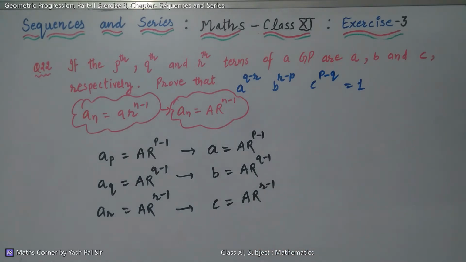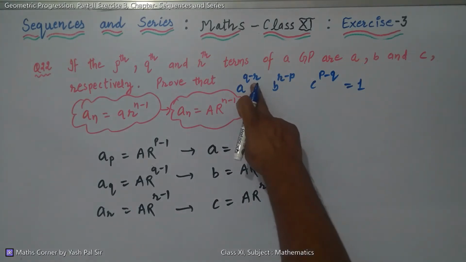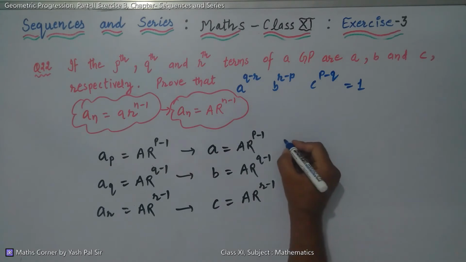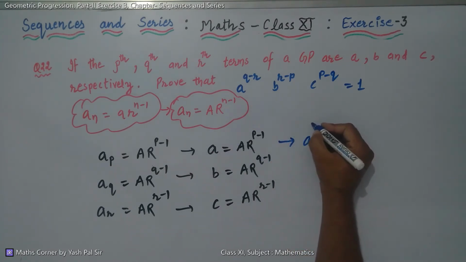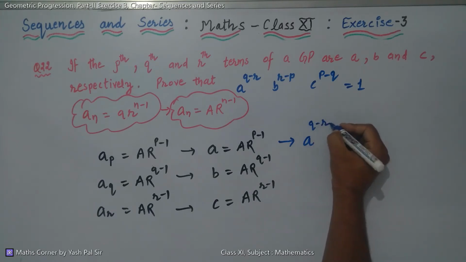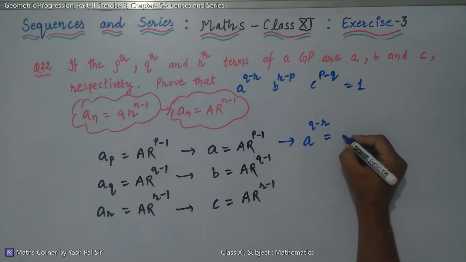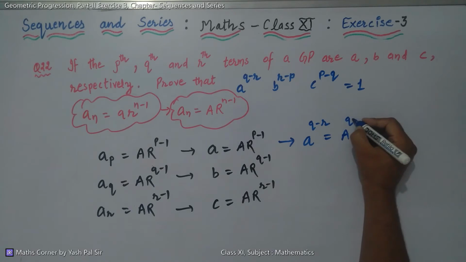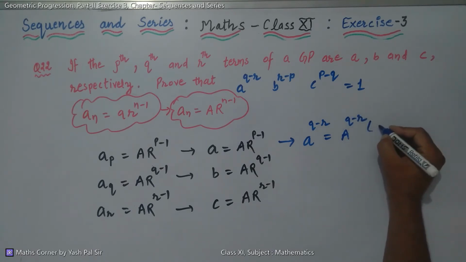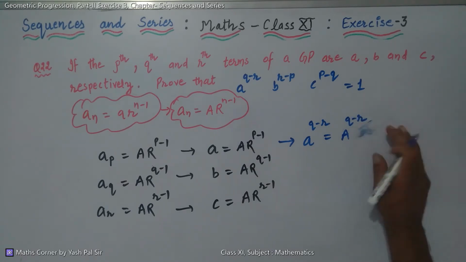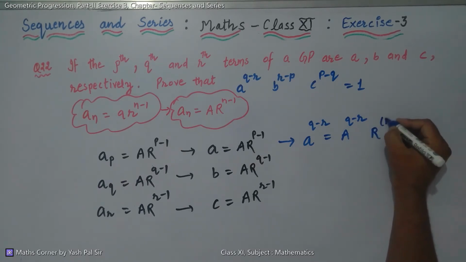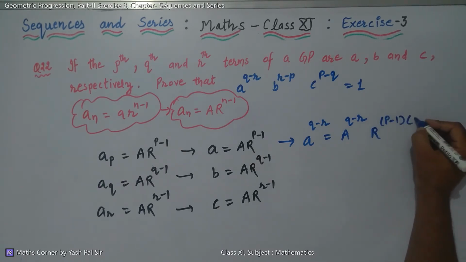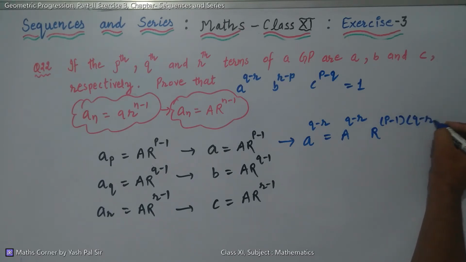Now coming to the question, what does the question say? We have to raise to power q minus r on both sides. So a raised to power q minus r is equal to A raised to power q minus r into R raised to power (p minus 1) into (q minus r).